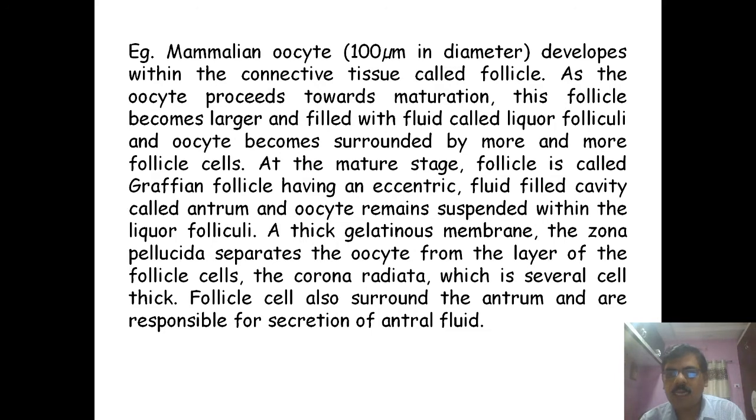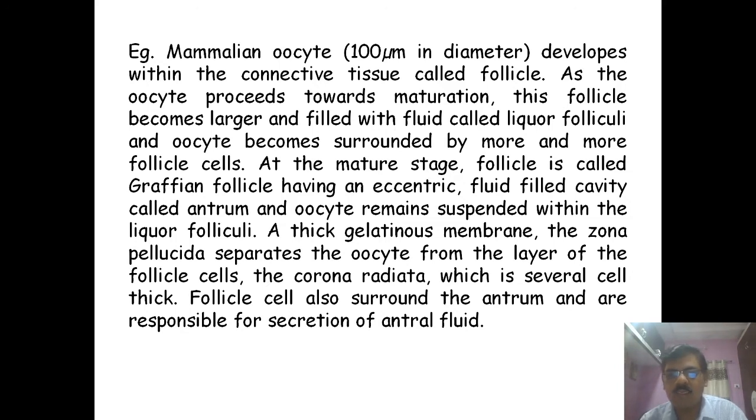A mammalian oocyte of 100 micrometers in diameter develops within a connective tissue called the follicle. As the oocyte proceeds toward maturation, it becomes larger and filled with a liquid called liquor folliculi, and the oocyte becomes surrounded by more and more follicular cells.